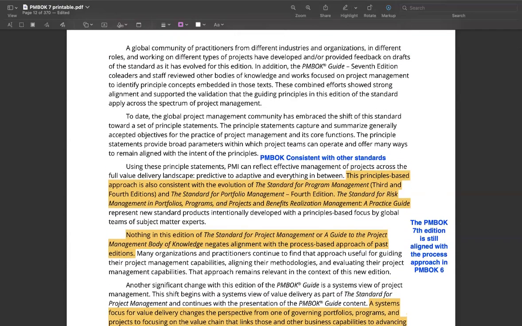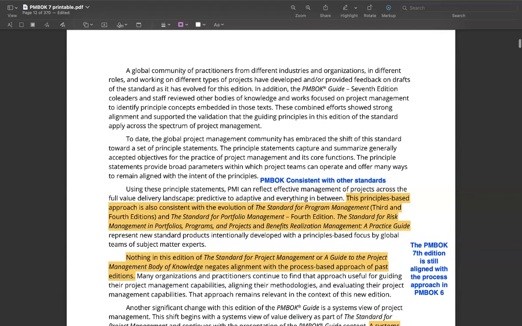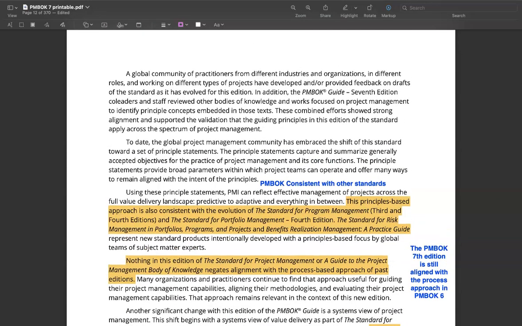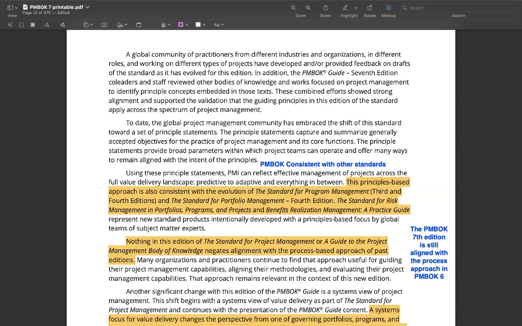So anyways, moving on, I also want to talk a little more about the PMBOK. Many people may be under the impression that now that the new version of the PMBOK is out, it may not remain consistent with the other books written by PMI. For example, there are books on program management, portfolio management, and risk management.